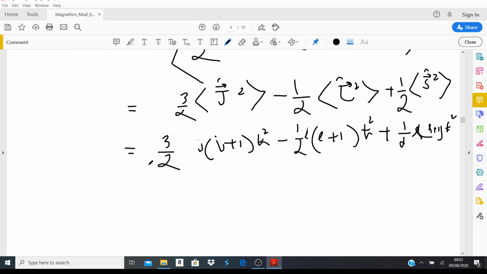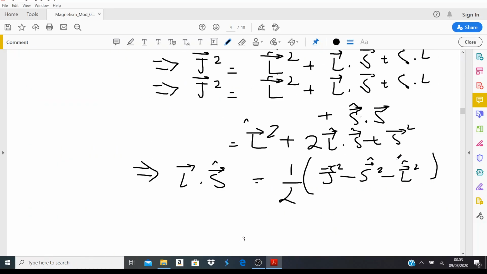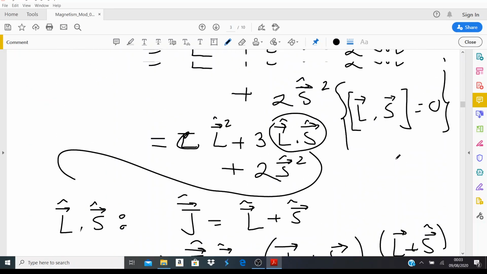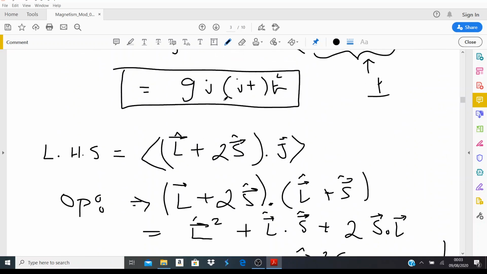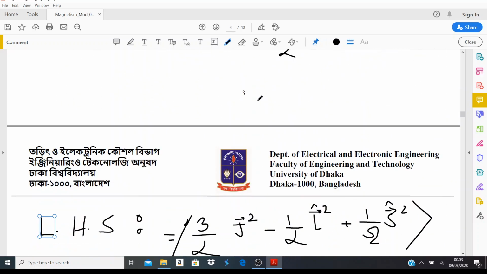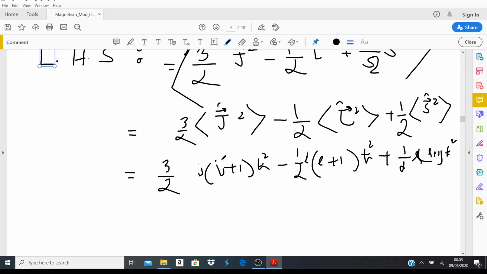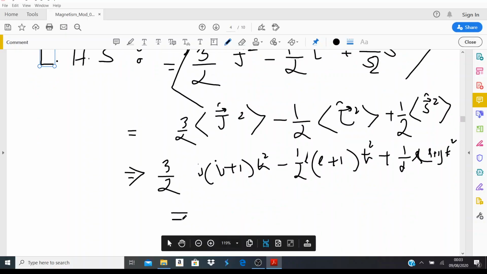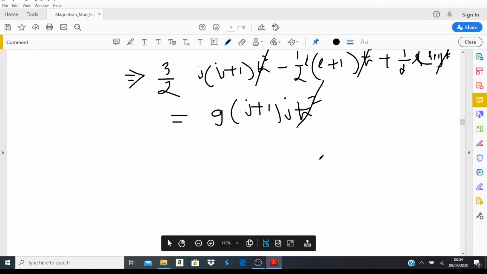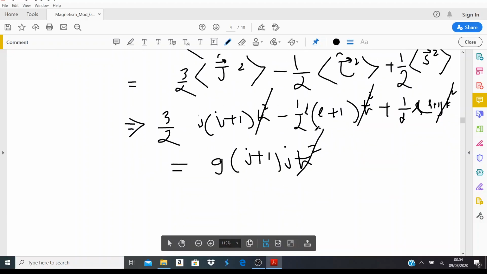So that's our left hand side. And do you remember what is the right hand side? Right hand side is nothing but g times this, right? So that's our left hand side, and on the right hand side we have J times J plus 1 h bar square. So all these h bar square terms get cancelled, and you can see we have g here, left hand side is this and right hand side is this.